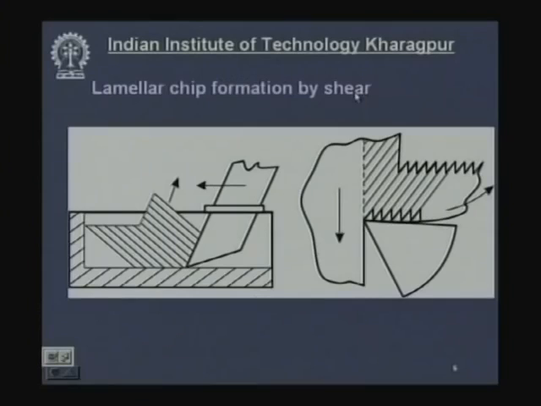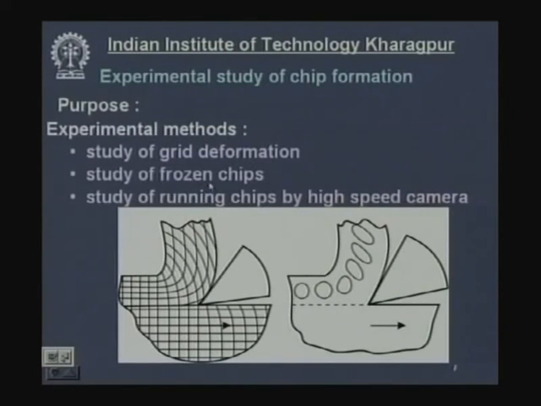Say this is the lamellar chip formation by shear. For example, suppose this is an analogy, the cardboard analogy. Suppose there is a stack of cardboards or postcards here, and now there is a tool, like a wooden tool. Now, it is moved in this direction.